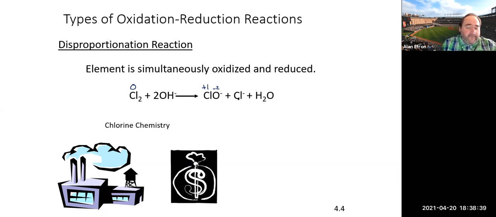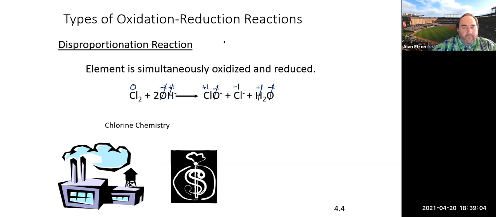The chlorine over here in chloride, like an ionic compound, is -1. And again, you may be wondering about your oxygen and hydrogen. This is -2, +1. This is +1, -2. So when we think about oxygen, nothing is happening. When we think about hydrogen, nothing is happening either. It really is the chlorine.